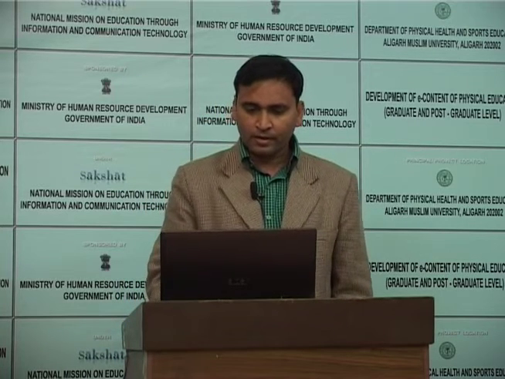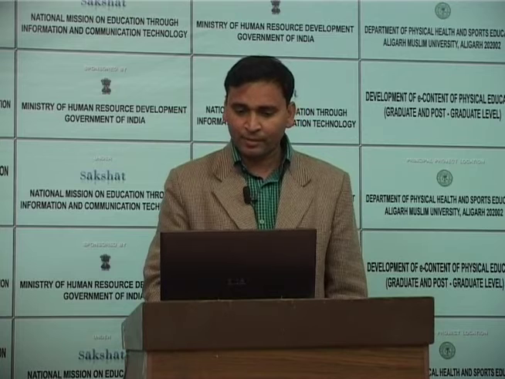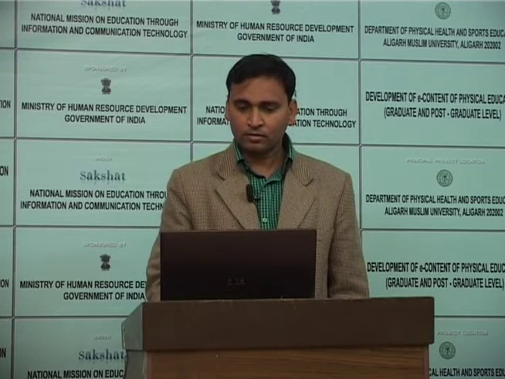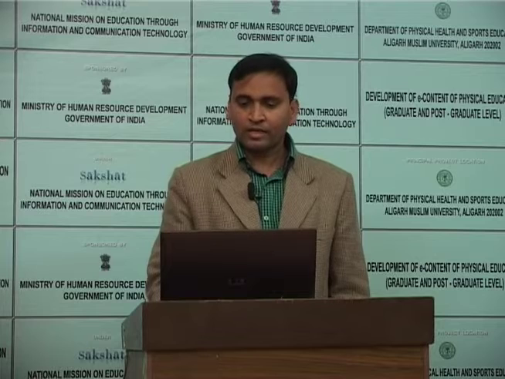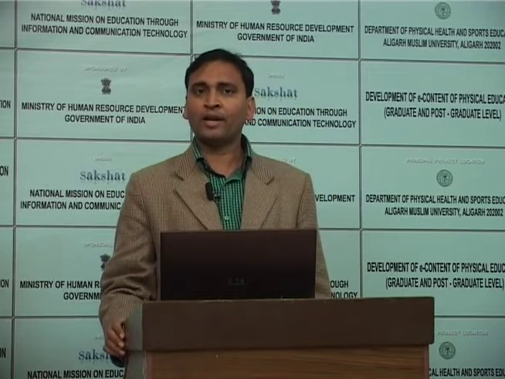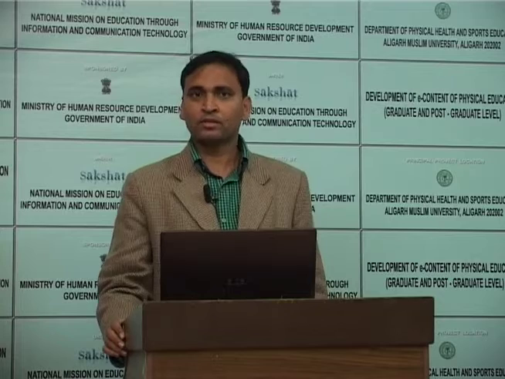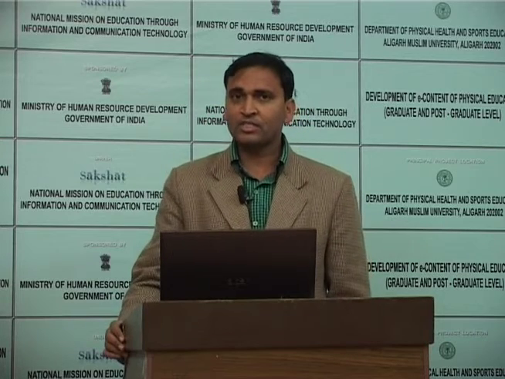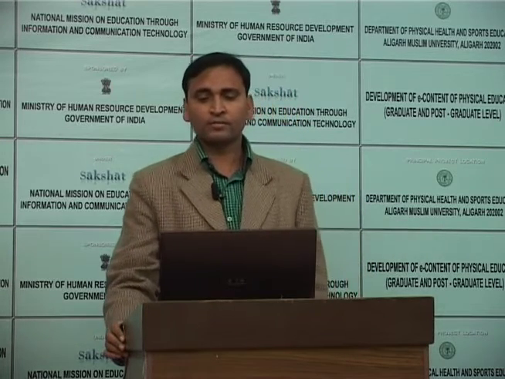Now come to the next muscle of the posterior compartment, extensor carpi radialis brevis. This is the third muscle of the lateral posterior compartment, which has the lateral extensor origin, after extensor carpi radialis longus.